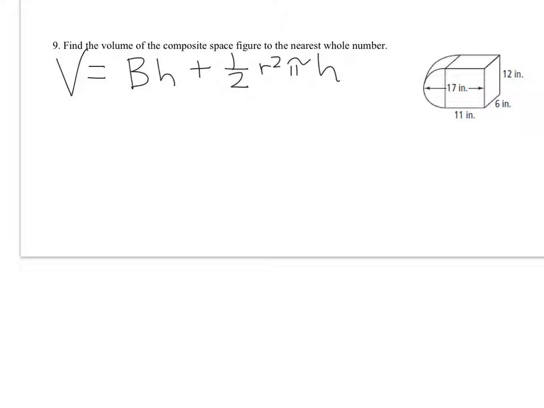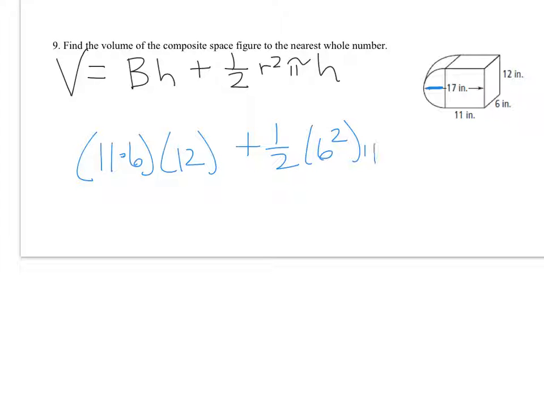So I'm plugging this all in. The area of my base is 11 times 6. The height is 12 for my prism when I'm looking at it, plus 1/2 times my radius. This right here would be 17 minus 11, so my radius here is 6 squared pi.